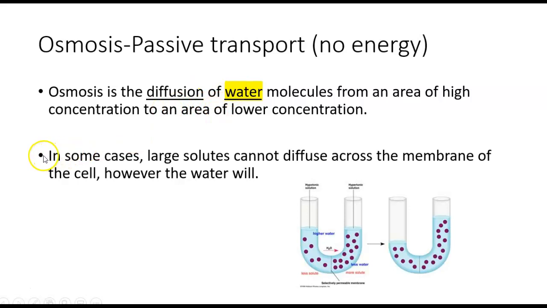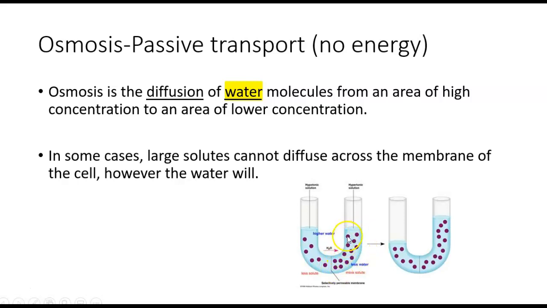All right. In some cases, those large solutes cannot dissolve across the membrane of the cell. However, water actually will. And here you can see a demonstration where we have a selectively permeable membrane, and that means it lets some things in and keeps other things out. Over here on the left hand side you have solutes represented by the purple.